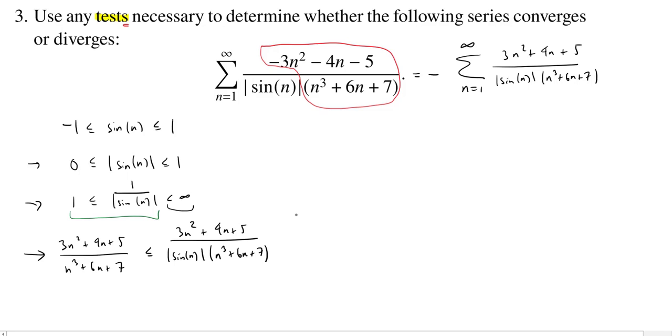Okay, and again, this will be less than infinity, but that's not the important point. The important point here is we have now found a lower bound for our sequence, and this lower bound no longer has the sine of n term in it. This is going to help us use the limit comparison test.